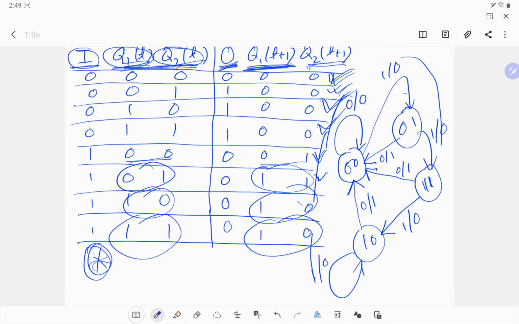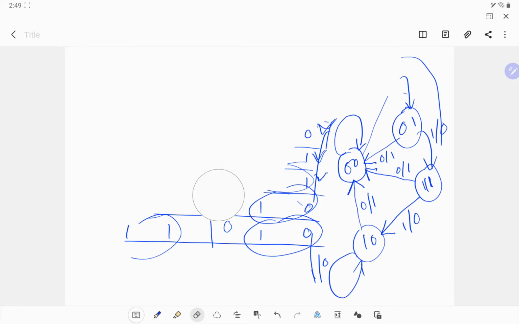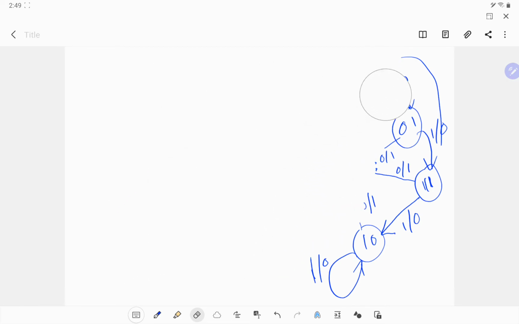I'm not going to go into detail on the K-map, but if you do so, I'm going to write the equations directly. We'll get O, Q1t plus 1, and Q2t plus 1.